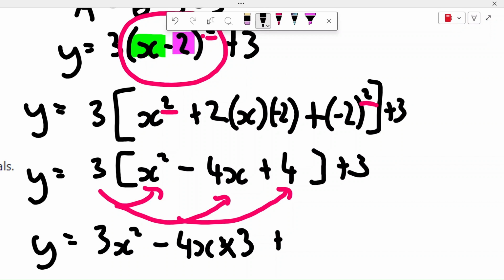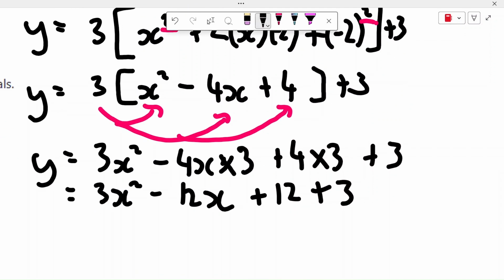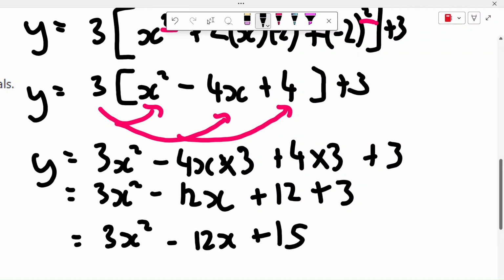Getting rid of that squared, that shouldn't be squared there. All right, and then we say plus 3. So making this look all very neat, it's that minus 12. And if you combine this, we get our 12 plus our 3. And hopefully you can see the answer here, that this is our final answer in the turning point form. And that's how we do it.